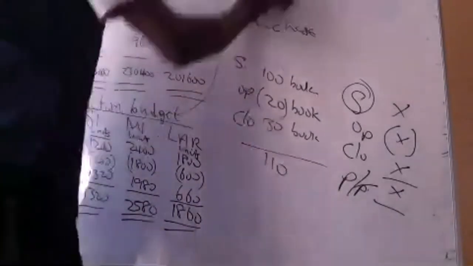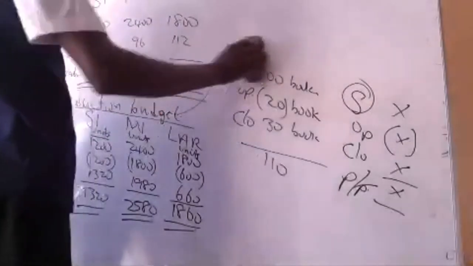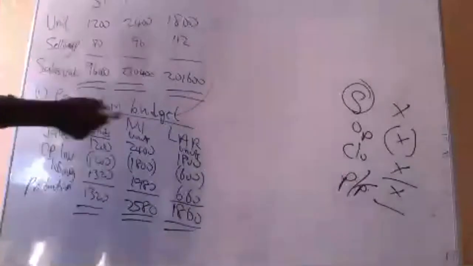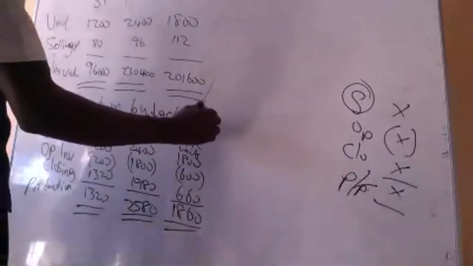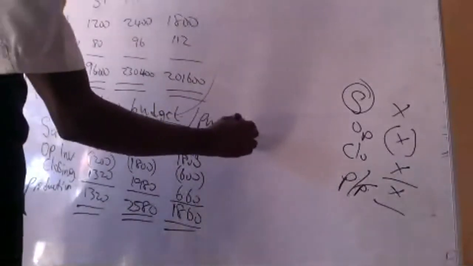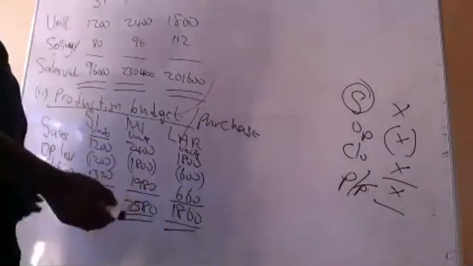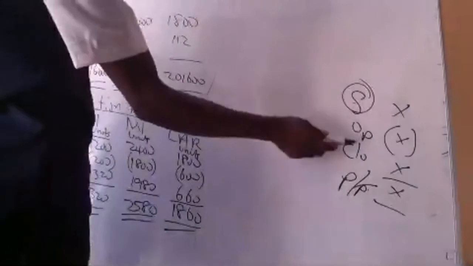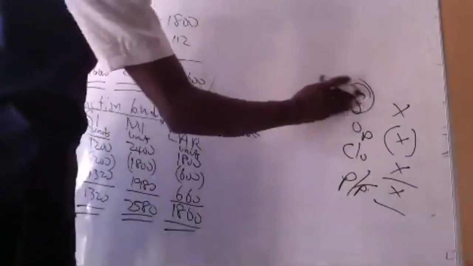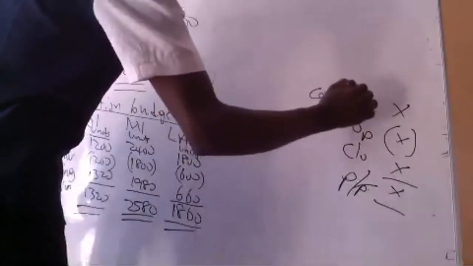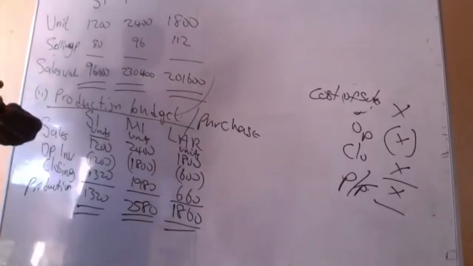Okay, we said that the production budget can also mean purchases of goods. So for purchases, you won't use sales. You say cost of sales. Instead of picking the sales, you have to pick the cost of sales.